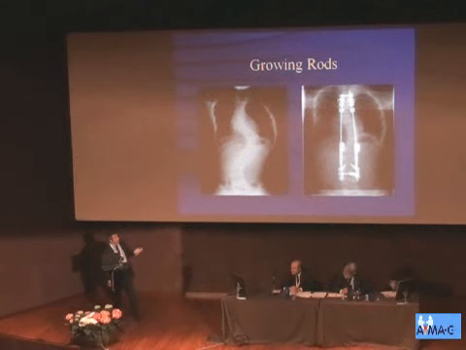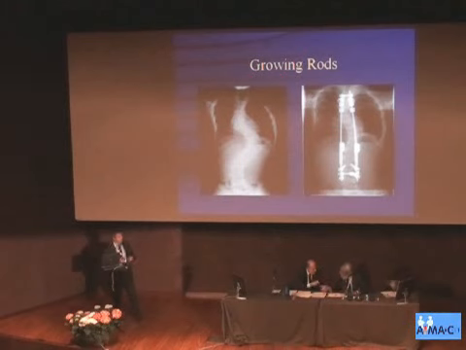So I do a foundation like this, I fix it, and the rods or bars go outside. I mean, we don't detach even the muscles. In the middle you have little cylinders. A couple of times a year I lengthen my cylinders, and therefore I maintain my correction of the spine without arthrodesis. So I guarantee the possibility for the spine to grow, the child to grow.